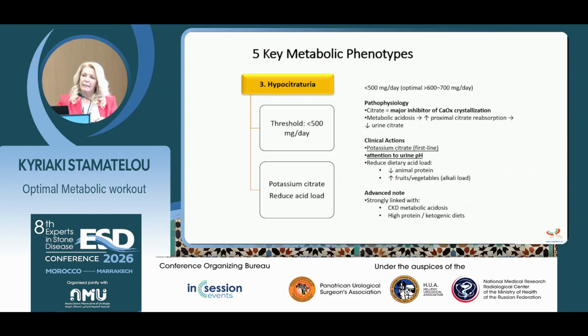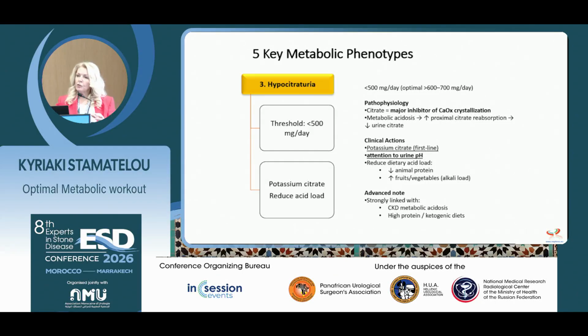Hypocitraturia. Normal values of citrate in urine are supposed to be 200 to 1,200, which by itself, as you understand, is a very large range. So it's not really helpful. We need values above 500 in order to be able to say that we help the patient to make fewer kidney stones.